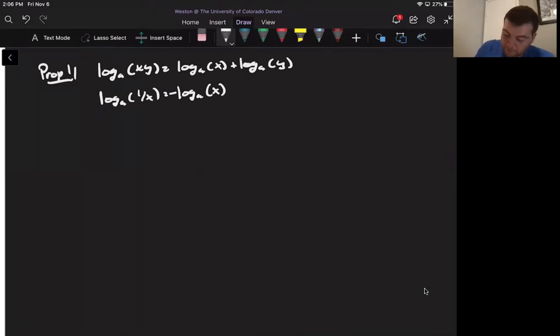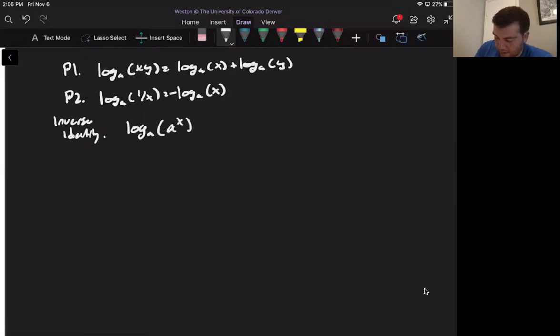So this is property 1, property 2. We'll call this next one our inverse identity, where we have log a of a to the x equals x, and a to the log a of x equals x.